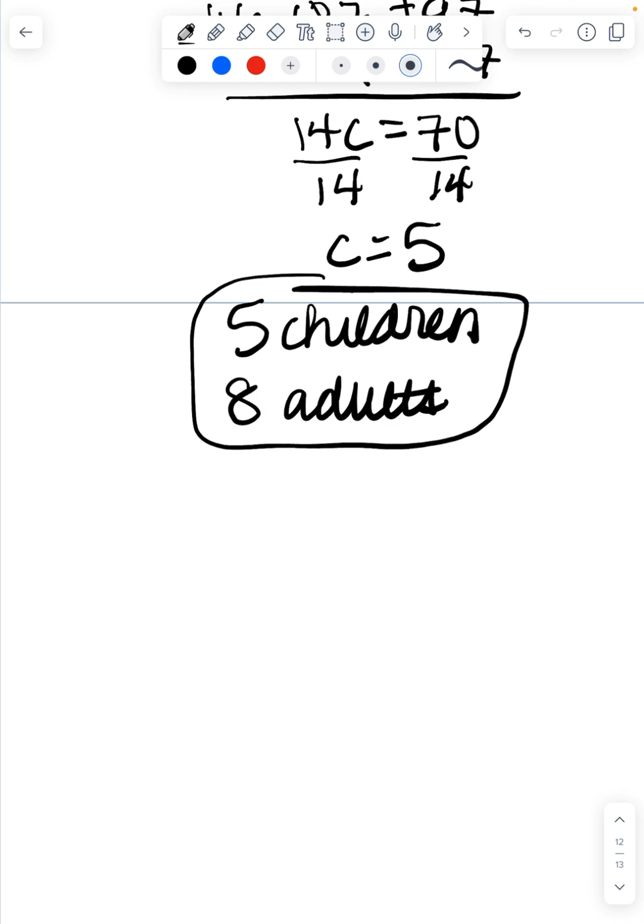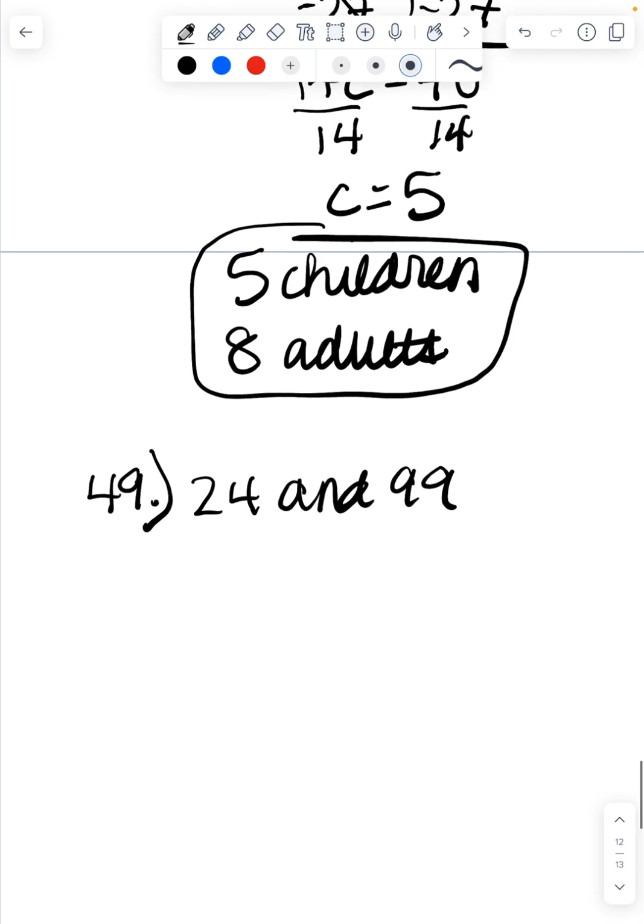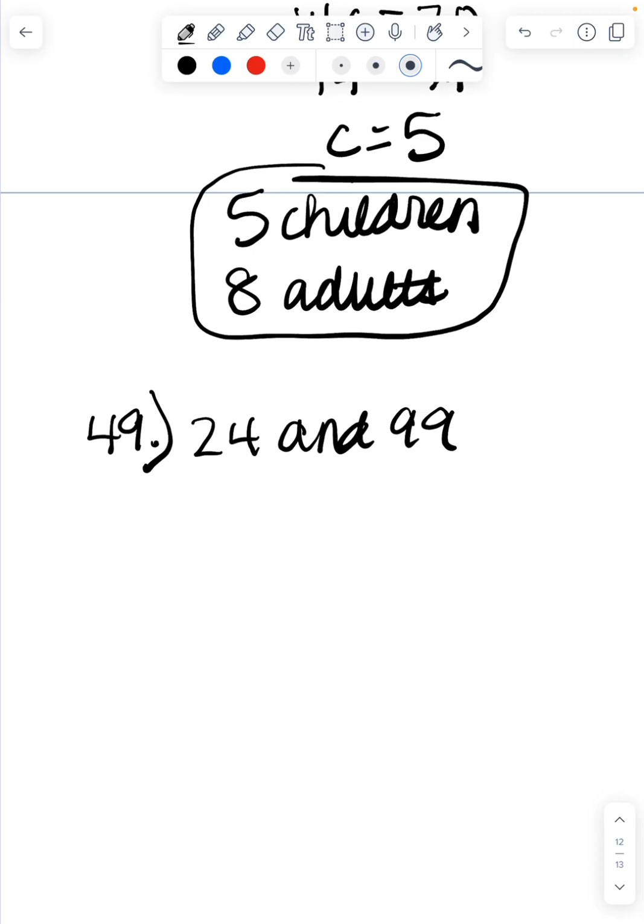Number 49. Find the GCF and LCM of 24 and 99. Okay, so why don't we try to do a factor ladder here?